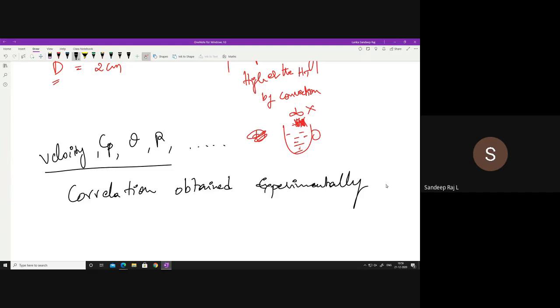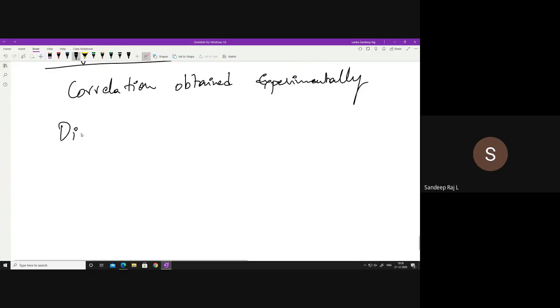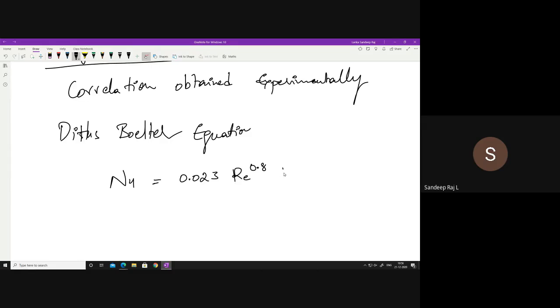Among these correlations, we will be using the Dittus-Boelter correlation, or equation, and it is represented with Nu is equal to 0.023 into Re power 0.8 into Prandtl power 0.8. Can you see the three dimensionless numbers you are using here? Using the dimensionless numbers, you are actually correlating the properties here.